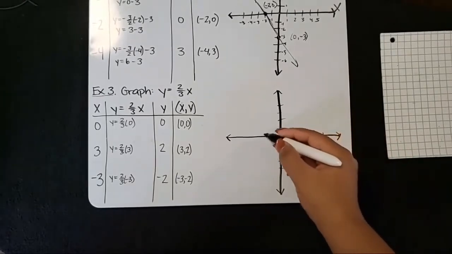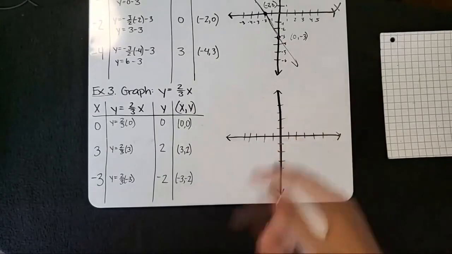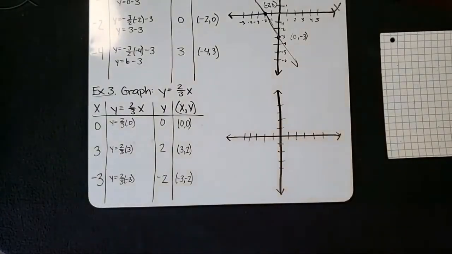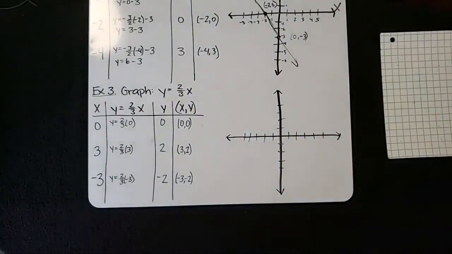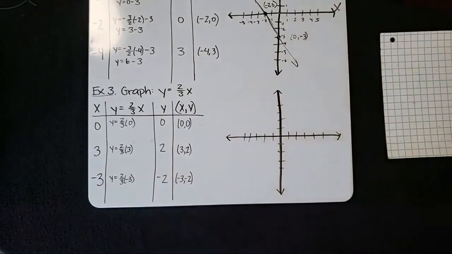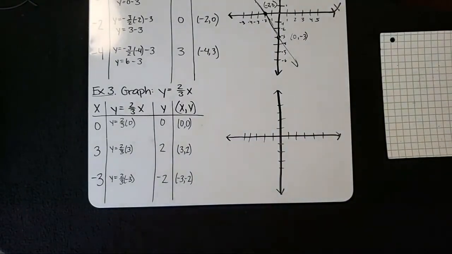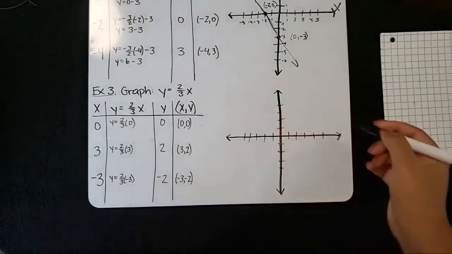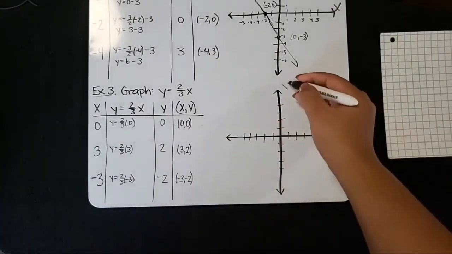When we start finding the slope, not having graph paper might be an issue because finding the slope and all that is very important to do on graph paper. So if you don't have any graph paper, please do your best to get some, make some, whatever you've got to do.